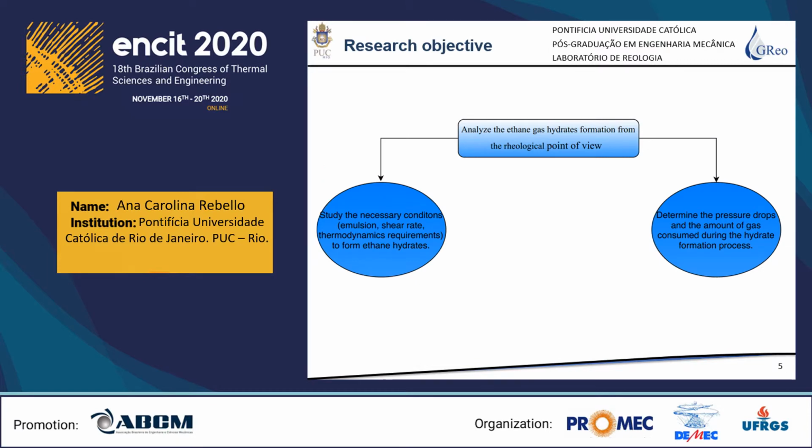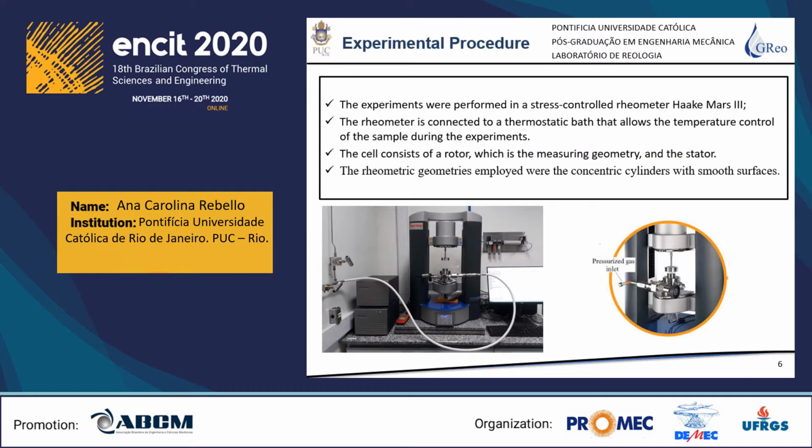The main objective is to analyze the ethane gas hydrate formation from the rheological point of view, and the specific objectives are to study some conditions and determine the pressure drops and the amount of gas consumed. The experiments were conducted in a shear stress controlled rheometer, HAAKE MARS 3, as we can see in the figure on the left.